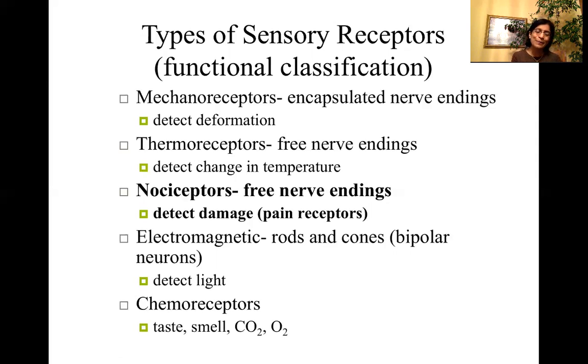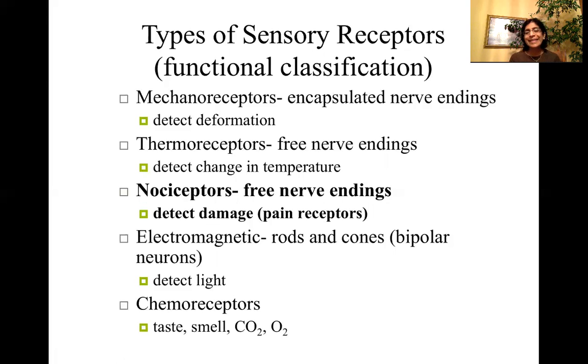In fact, you have two subtypes of thermoreceptors: warm receptors and cold receptors. So a temperature of a certain range is detected by cold receptors, and another higher range by warm receptors. And nociceptors are also free nerve endings.